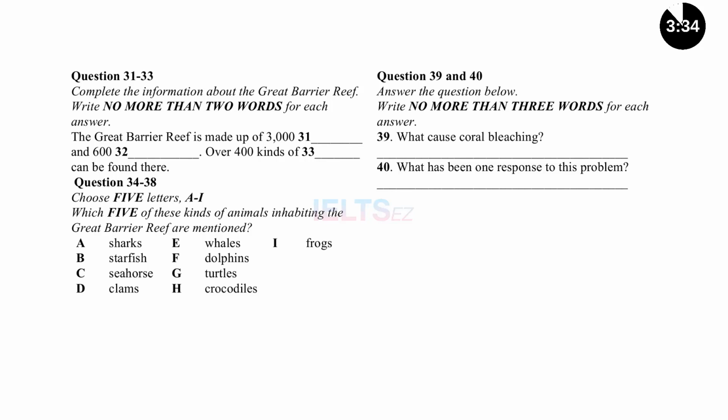Now listen carefully and answer questions 31 to 33. Despite its name, the Great Barrier Reef isn't just one large coral reef. Rather, it's a system of coral reefs that stretches along the east coast of Australia, covering an area of around 300,000 square kilometres.